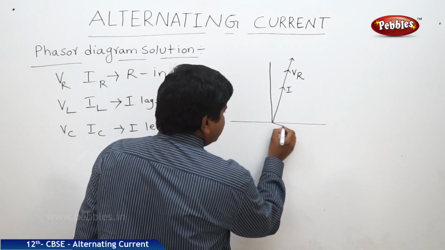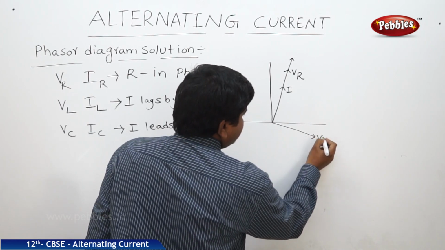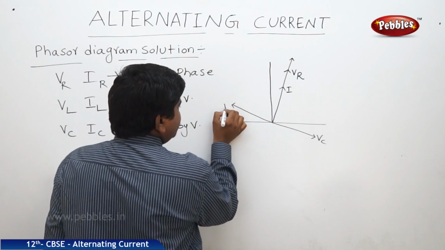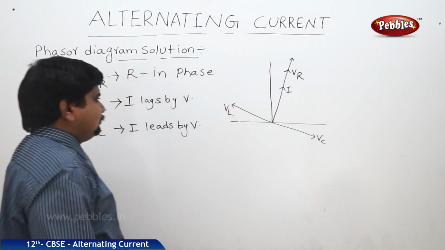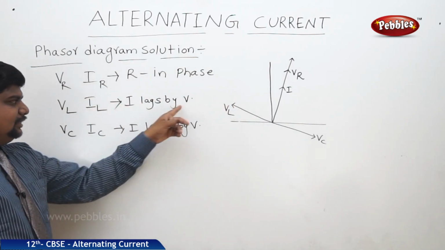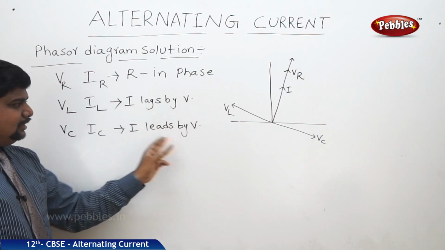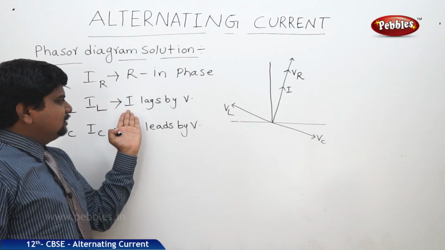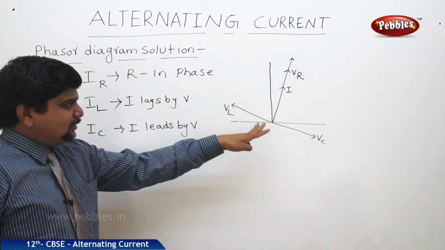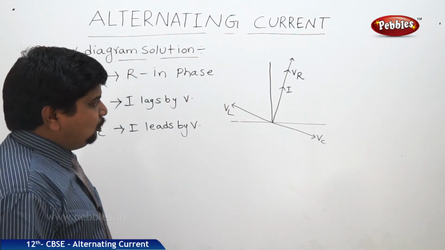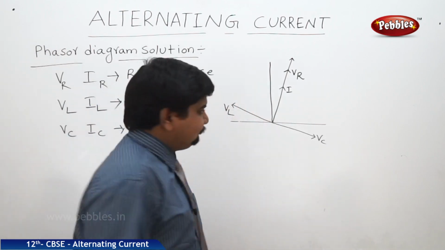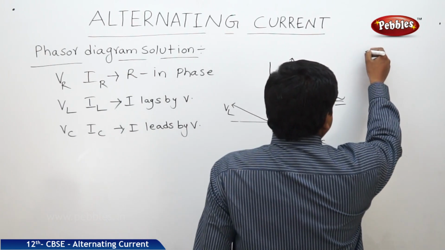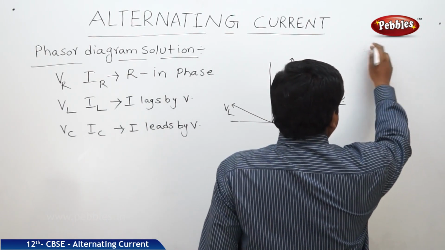Now it is VC, and this is VL. V leads I in one case and V lags I in the case of C. The graph represents the relation between V and I. What is the equivalent diagram of this? It will be like this.